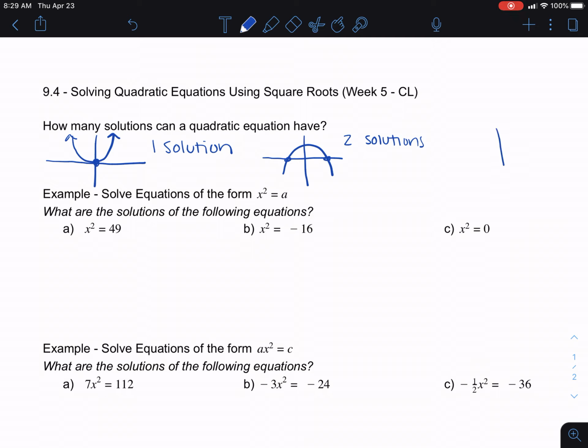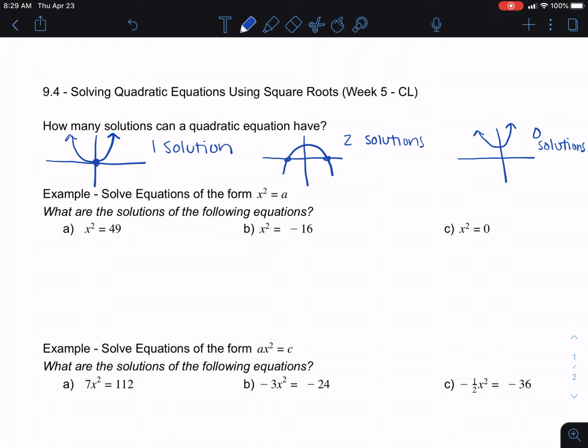And then we could have a parabola that is shifted up on our y-axis and never crosses the x-axis, resulting in 0 solutions. Okay, so those are the 3 ways we can look at this.